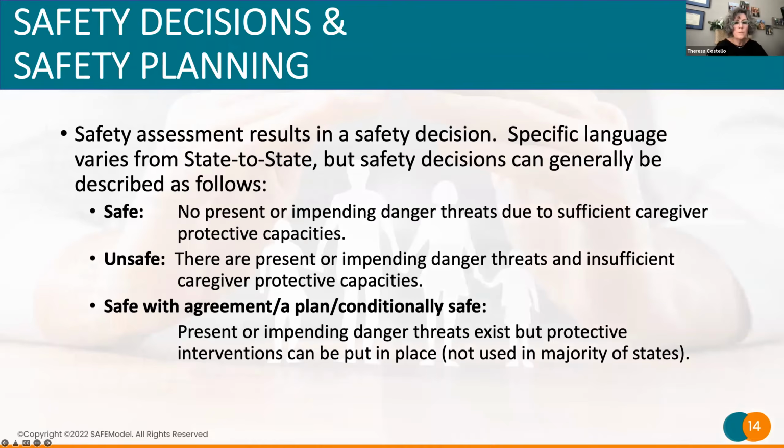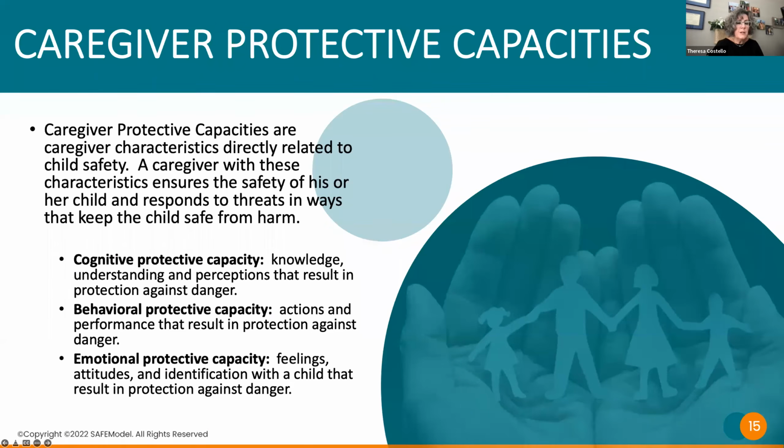Caregiver protective capacities. This is an important thing I wanted to talk about, because in the definition that we just gave you, we talked about caregiver protective capacities. And this is a framework. We asked you in the polling question whether or not this is something that you're familiar with.